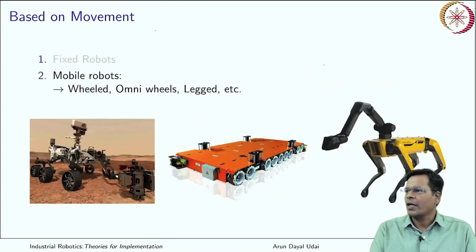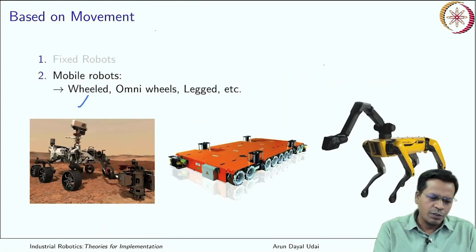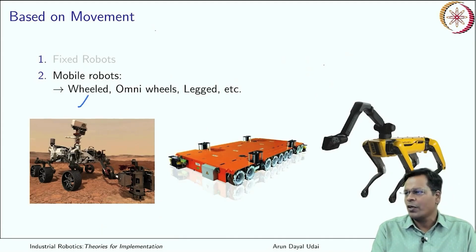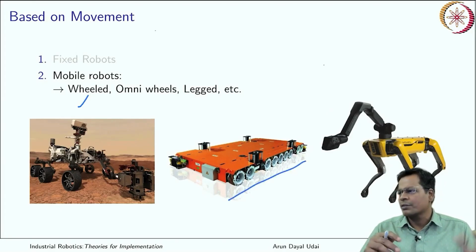And then you have mobile robots which may have wheels. The one which is here is a Mars rover, right? It has wheels, and even this one has wheels. This is a KUKA Omni robot, which has multiple omni wheels, which makes it move along the XY plane anywhere, right?